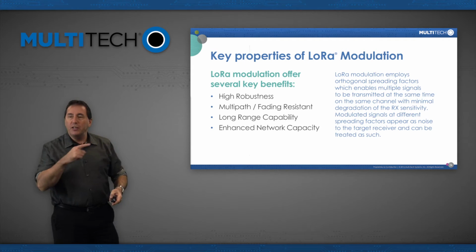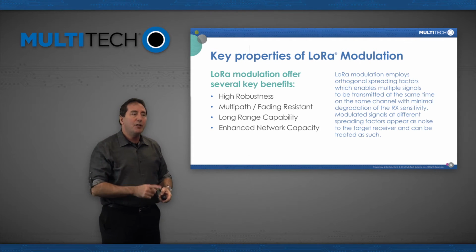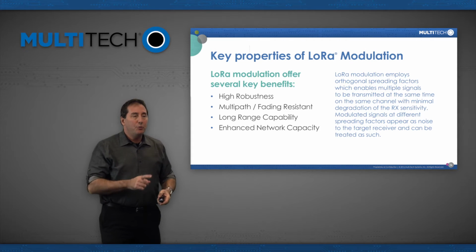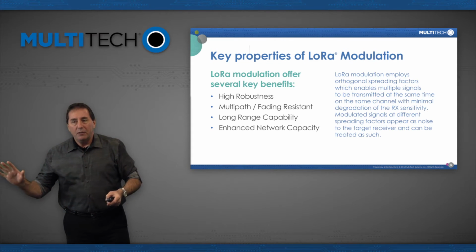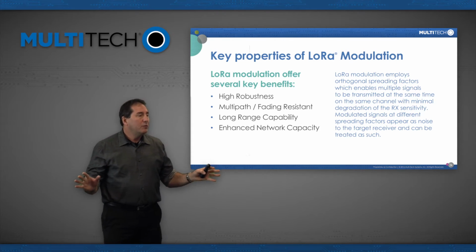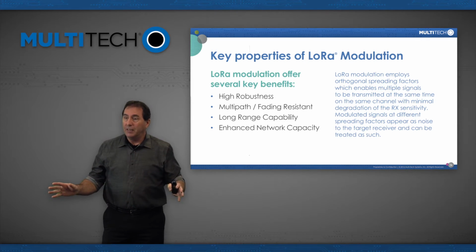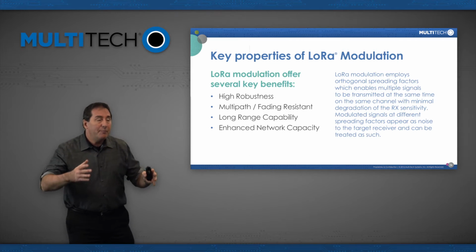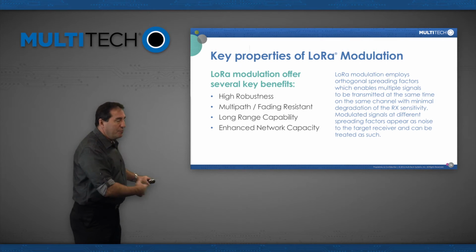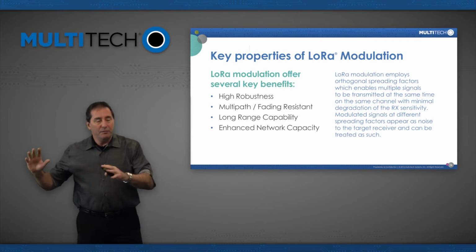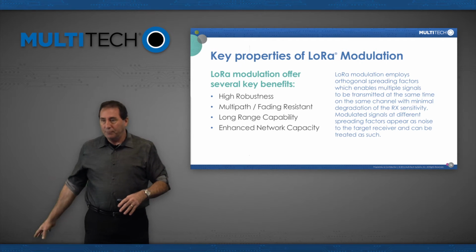Now, one of the things you're going to hear just lately, in the last few months, is people saying, hey, wait a minute, LoRa is horrible for capacity because it's an Aloha network. The Aloha network came out of some of the original networking work done years and years ago in Hawaii.